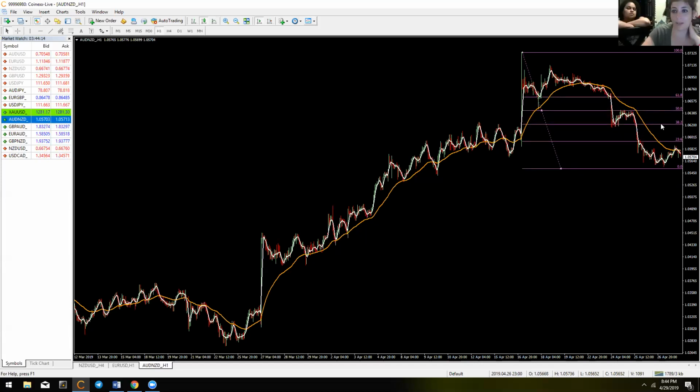And all this is the percentage of the move from here to here. This is 0%. The price moved 23% at this line and moved 38.2% of this move.